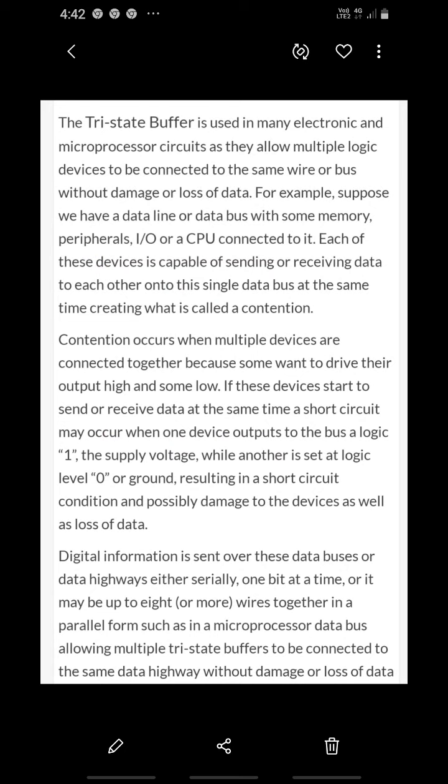Each of these devices is capable of sending or receiving data on this single data bus at the same time, creating what is called contention. Contention occurs when multiple devices are connected together because some want to drive their output high and some low.